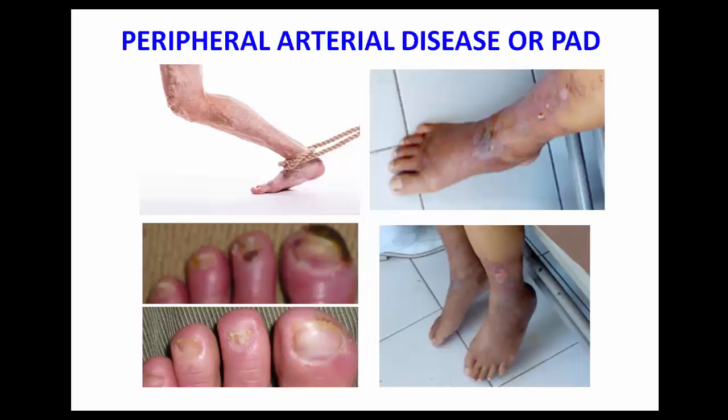So it is exceedingly important to diagnose peripheral arterial disease at its earliest stages and manage it, and at the same time, modify the risk factors so you don't end up with these more advanced complications related to peripheral arterial disease.